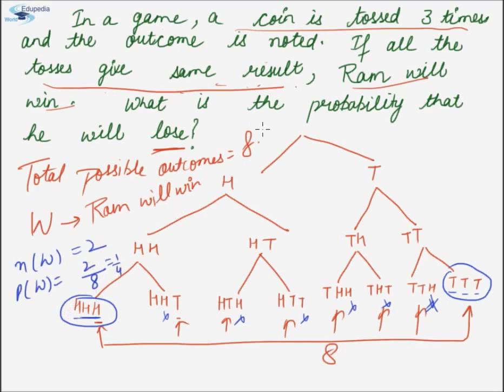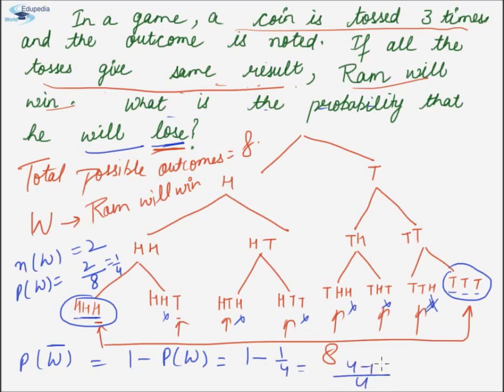But in our question we are asked to find what is the probability that Ram will lose. So, if Ram will not win, then he will lose. Thus, we need to find the probability of not W, which will be 1 minus P of W, which will be 1 minus 1 by 4, or it will be 4 minus 1 over 4, which is 3 by 4.